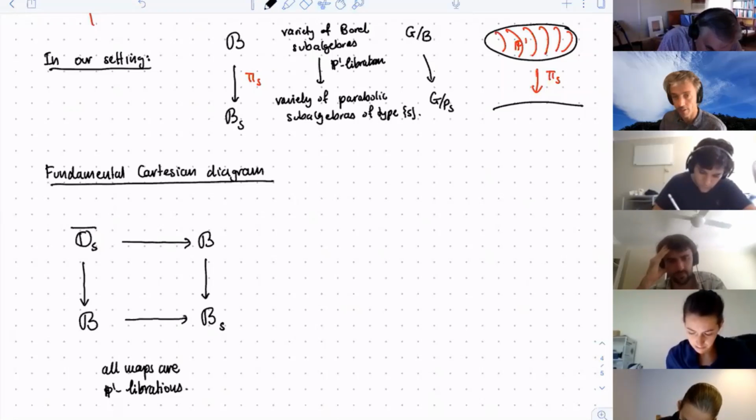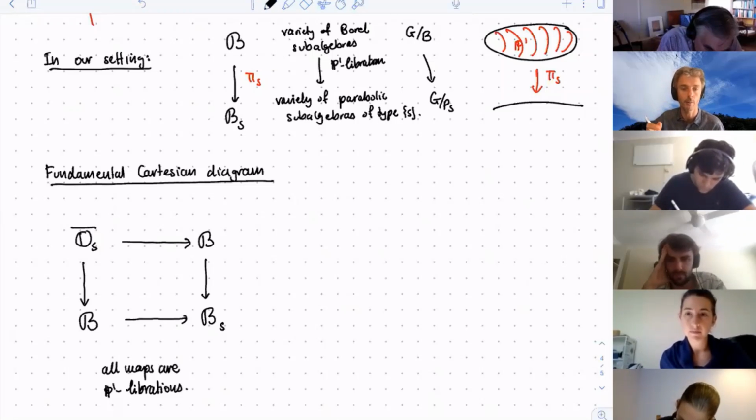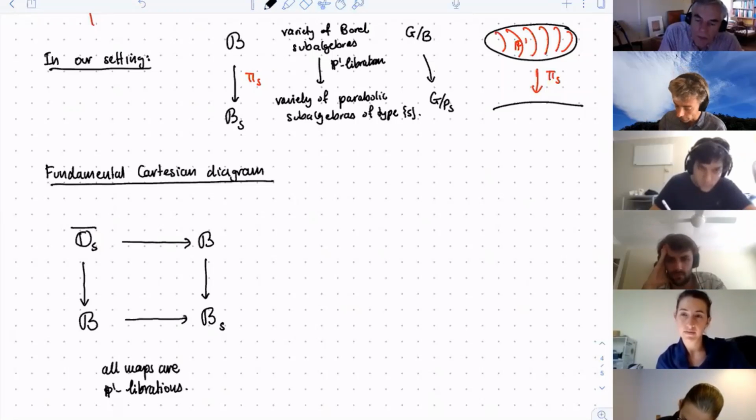And in our baby example before, we had this diagram of P1, P1, point, and P1 times P1 playing a crucial role. And this is the analog of that diagram in general.